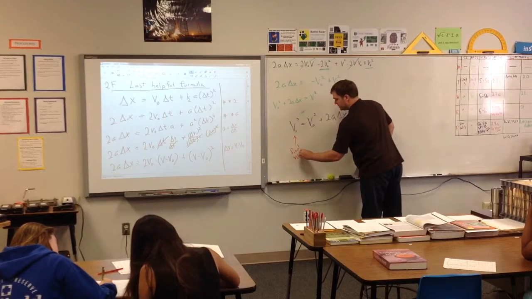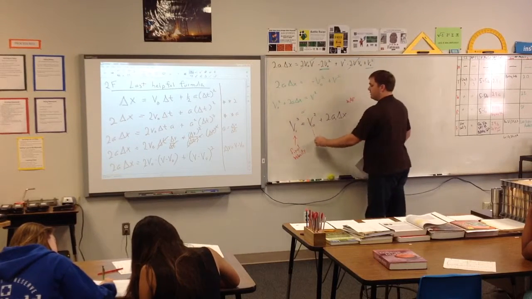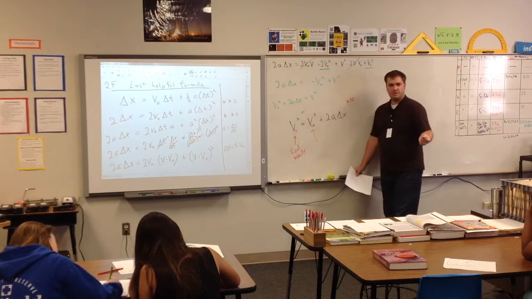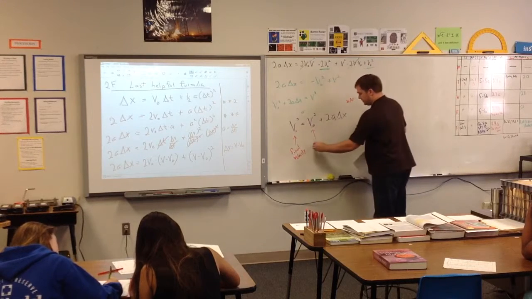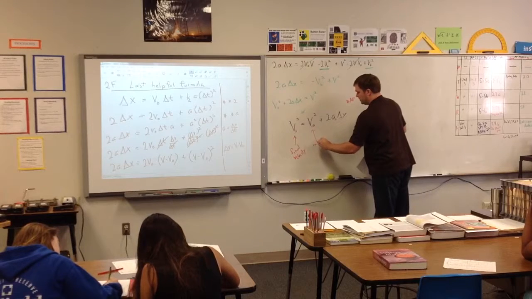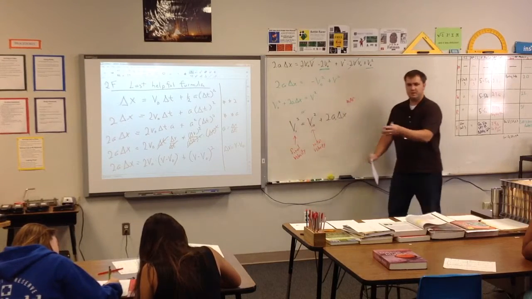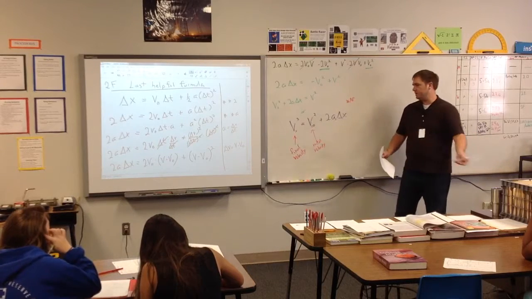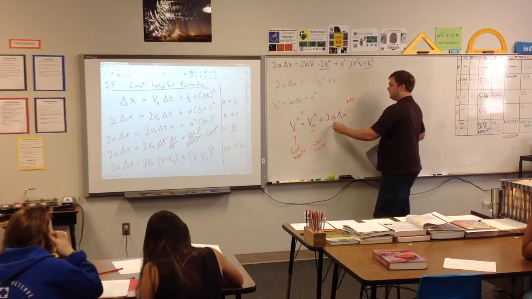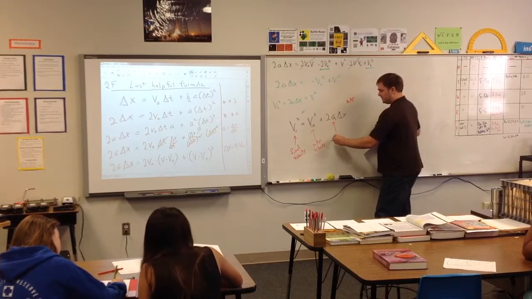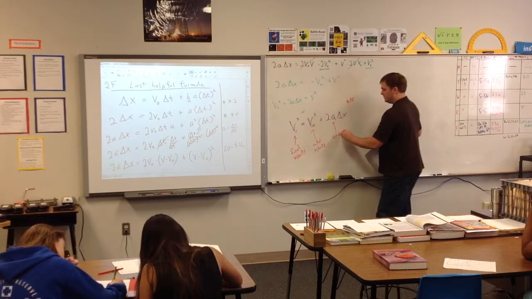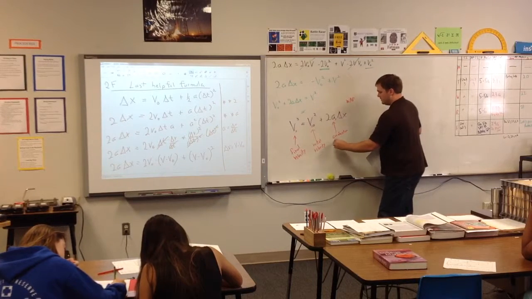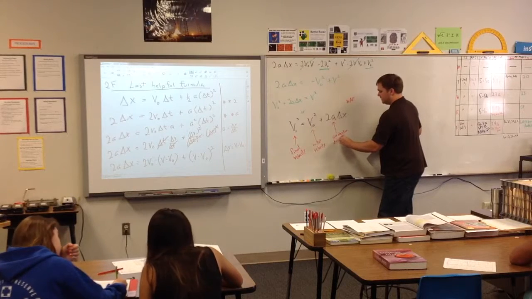So final velocity. Vx naught would be the initial velocity. So we're talking about an object moving during some time frame. It has some acceleration that it has undergone. That's what A represents, the acceleration during that time which has elapsed.